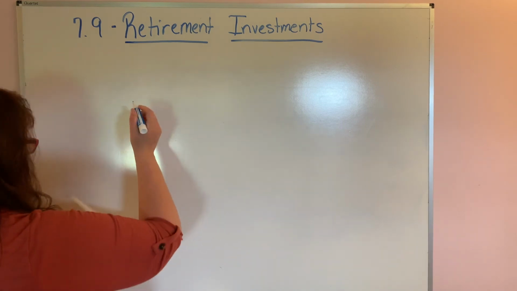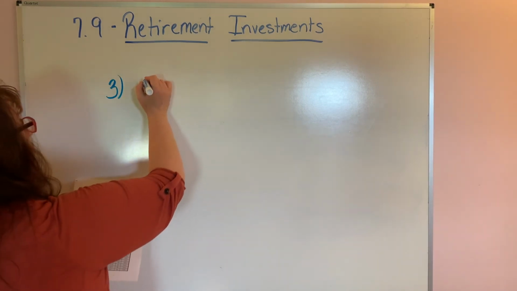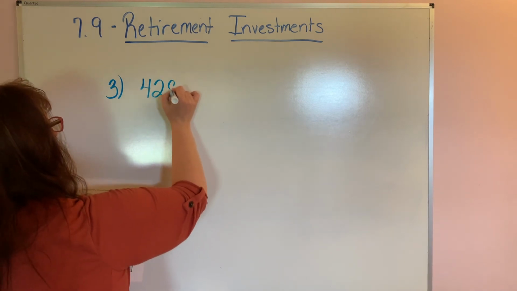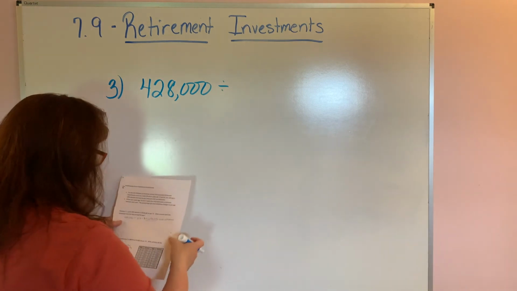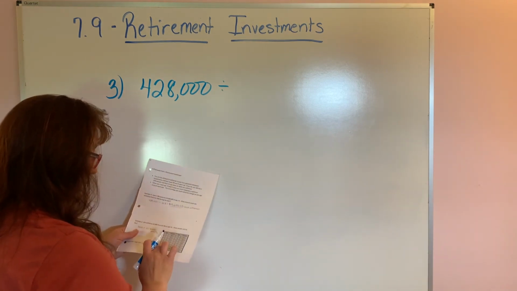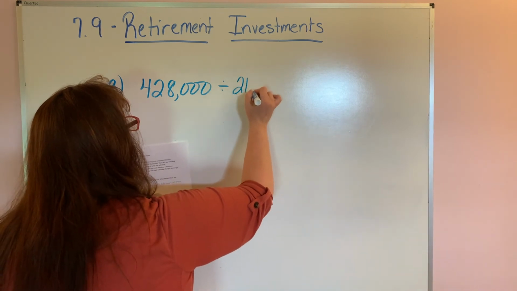So we're at example number 3. She has $428,000 in her account. We divide by the divisor, which, going to age 75 and over on the chart, is 21.8.